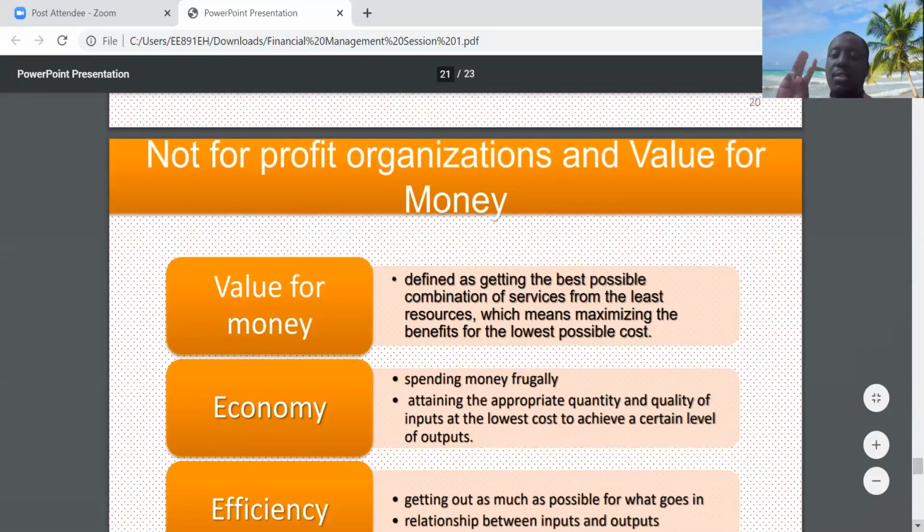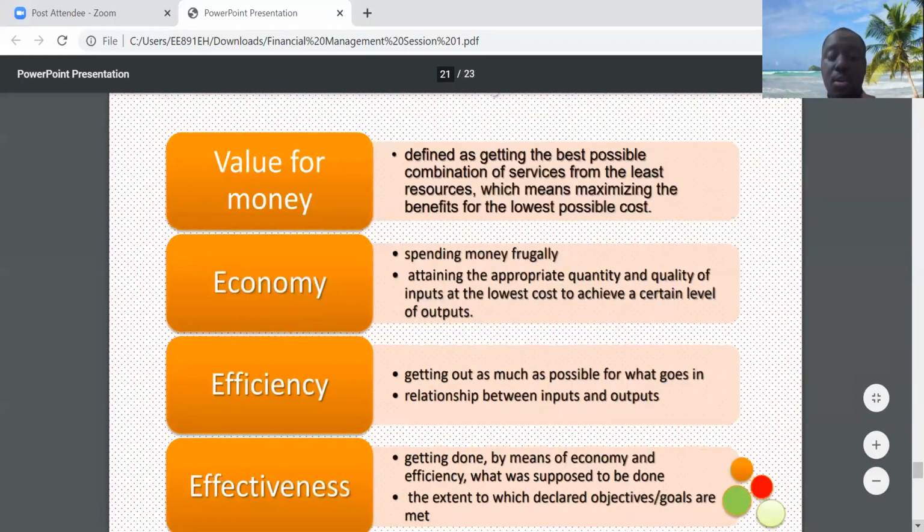So there are three key things when it comes to value for money. Number one is economy. Number two is efficiency. Number three is effectiveness. Never forget this. The three E's when it comes to not-for-profit organizations' financial management or value for money. Number one is economy.